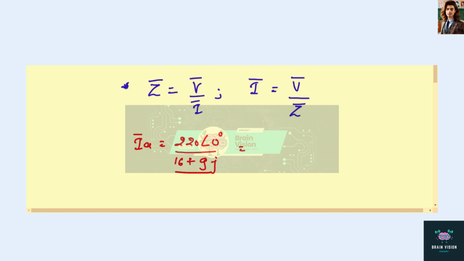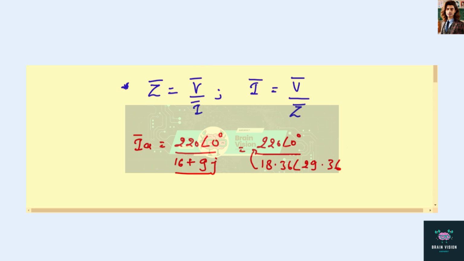If I convert it into polar form, the first is 220 angle 0 degrees, and the second you can convert with the help of a calculator. You will get 18.36 angle 29.36 degrees. Now you can just divide it.